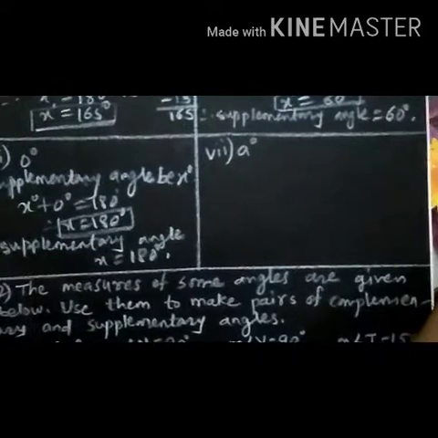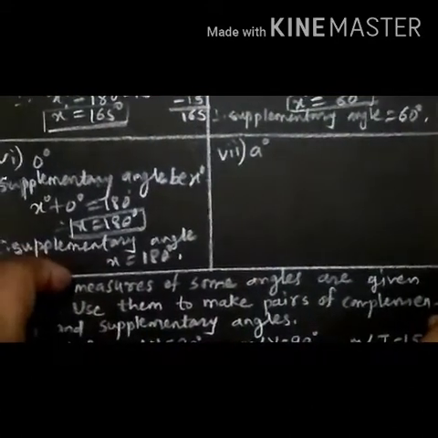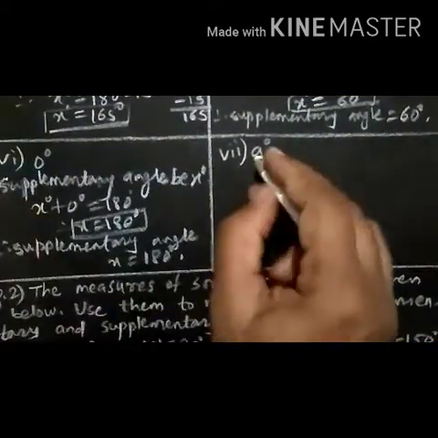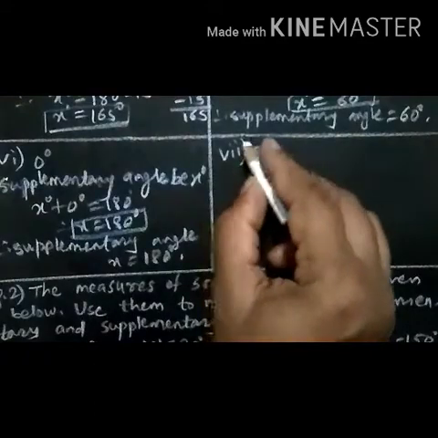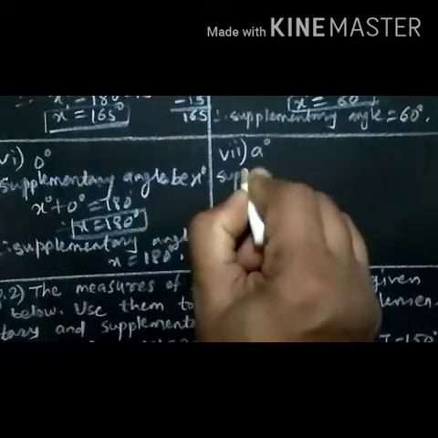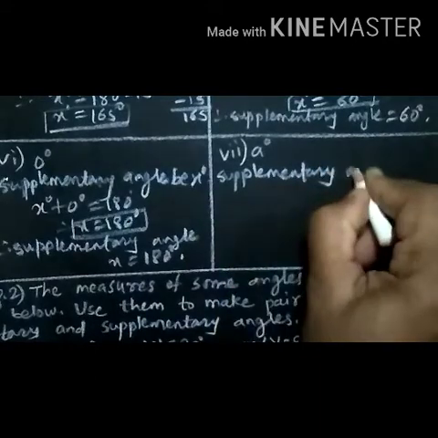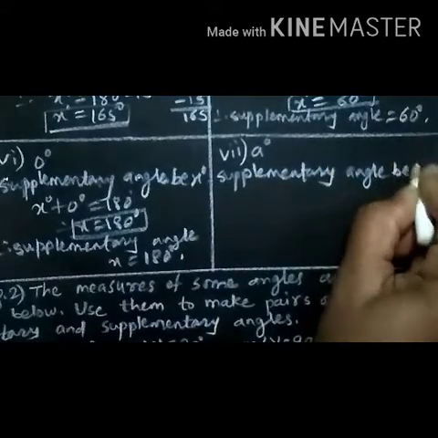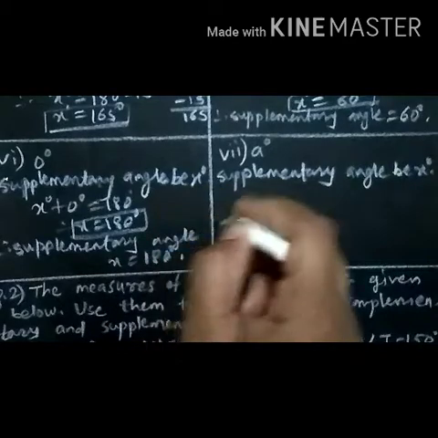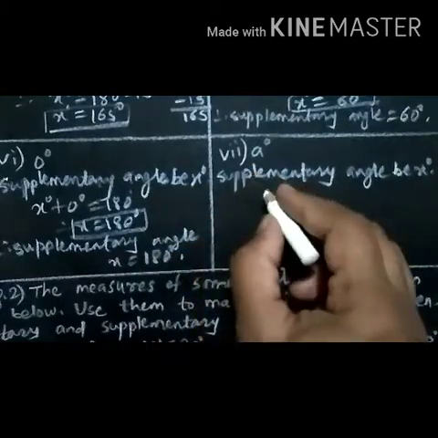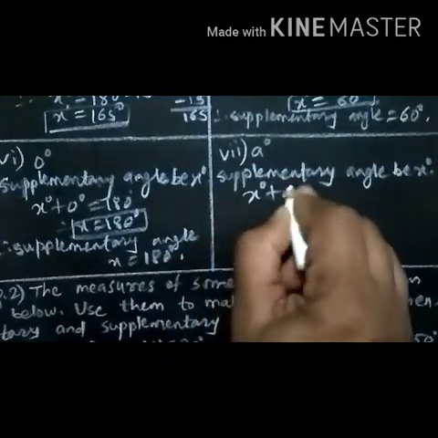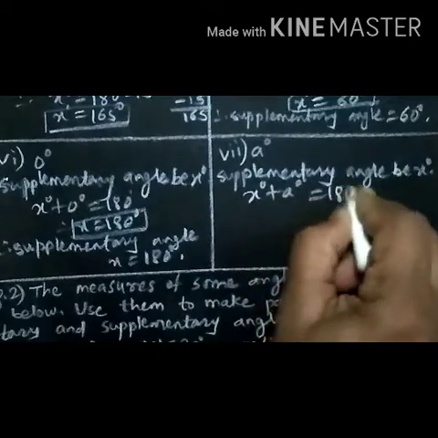Now let us see number 7, a degree. We have to find its supplementary angle. So the supplementary angle to be x degree. Now the addition of these two angles is 180 degree. Therefore x degree plus a degree is equal to 180 degree.